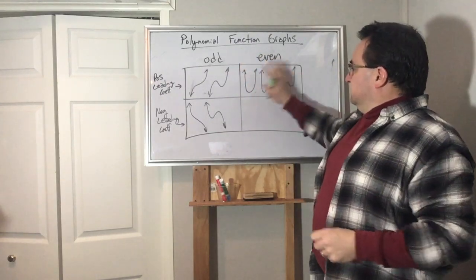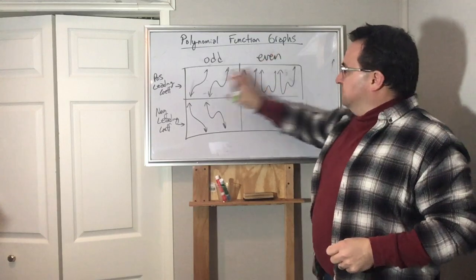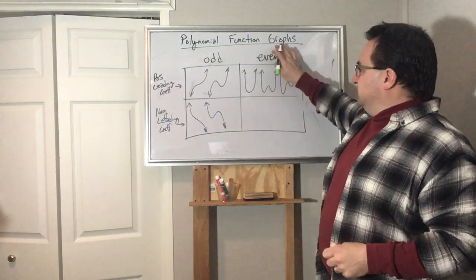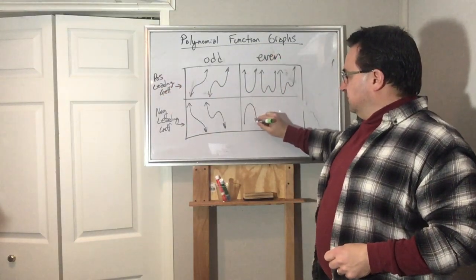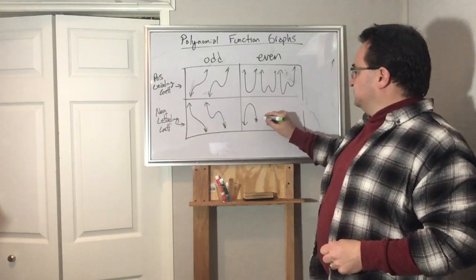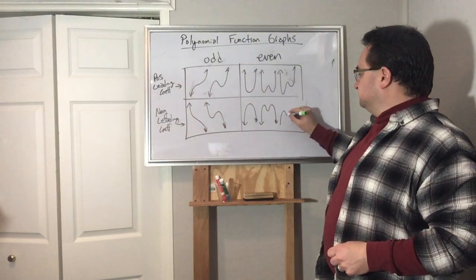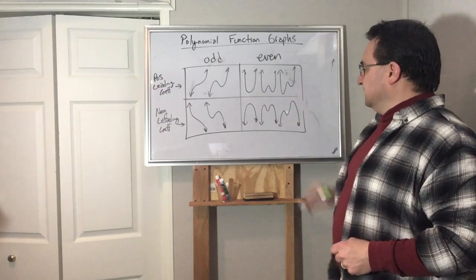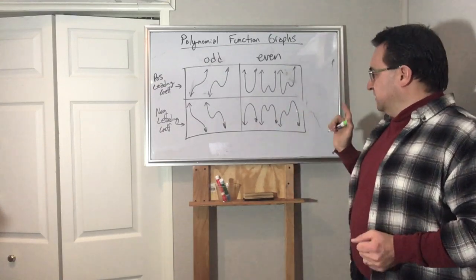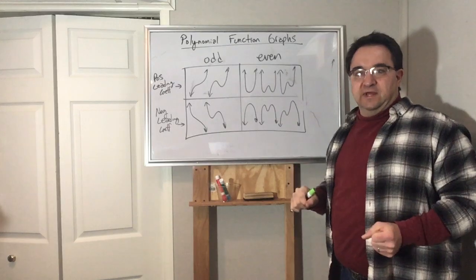So those would be positive leading coefficient, even degree, and if it's a negative leading coefficient, it looks like the reflections of these. So upside down parabola, an M shape, or a skewed M.